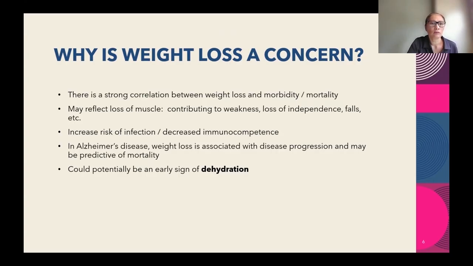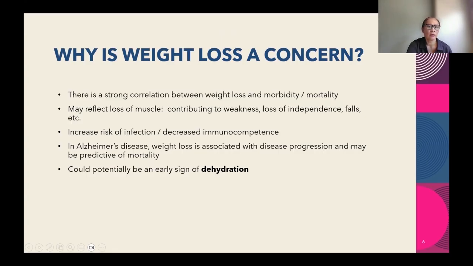Additionally, weight loss may reflect loss of muscle, which ultimately contributes to weakness, loss of independence, falls, etc. And we all see this in our centers. It could also increase risk of infection or decrease immunocompetence.